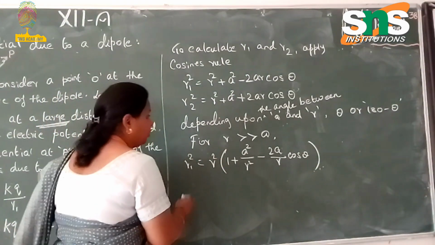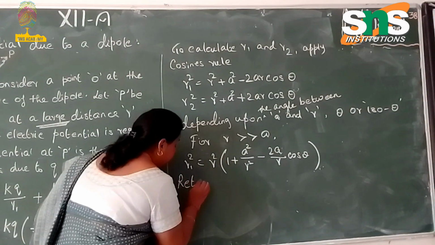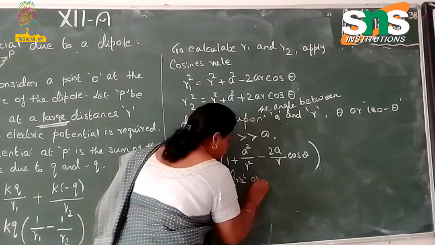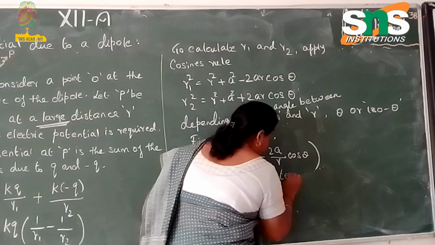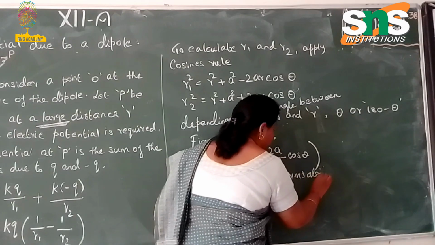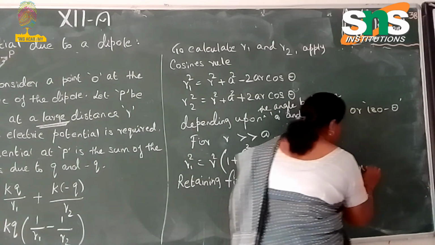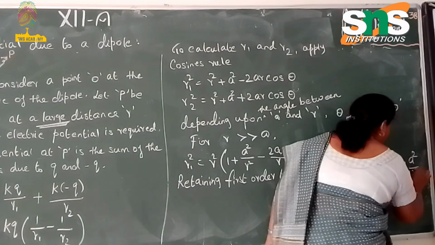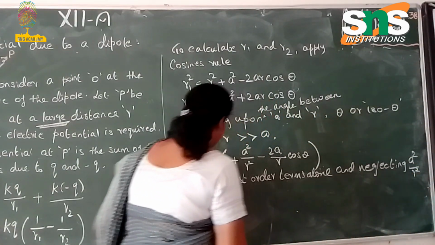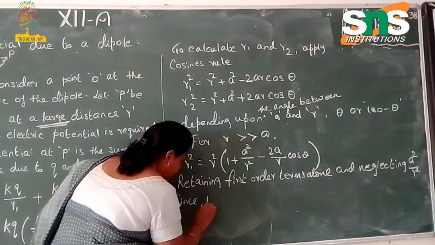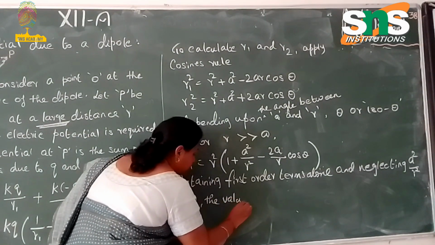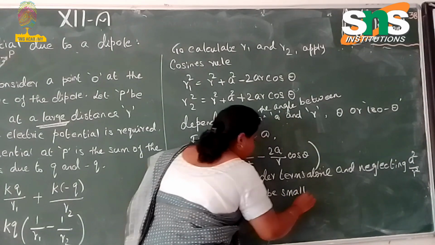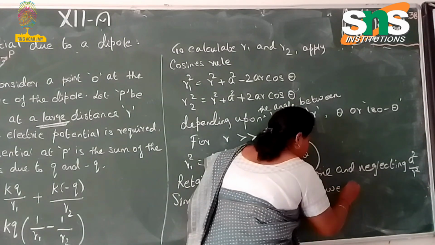You write here, retaining first order terms alone and neglecting A square by R square, since the value will be small if we square it.